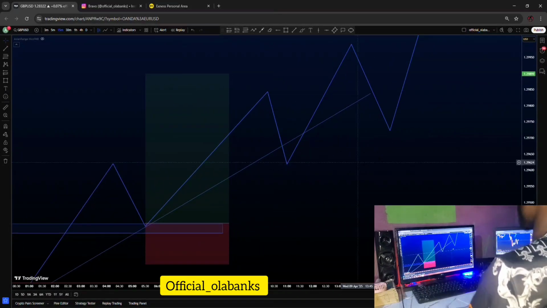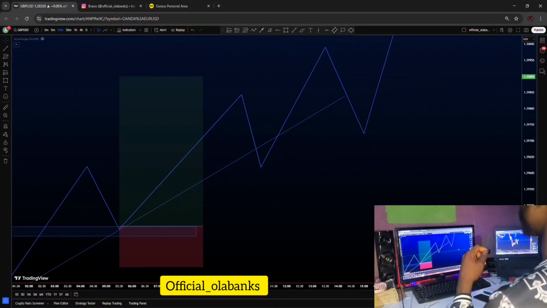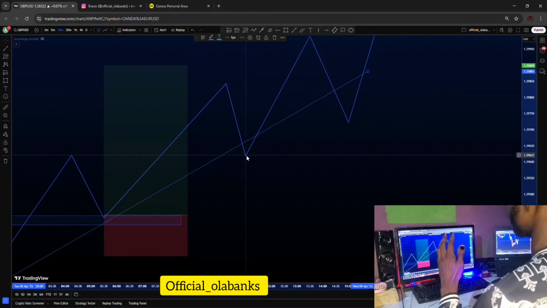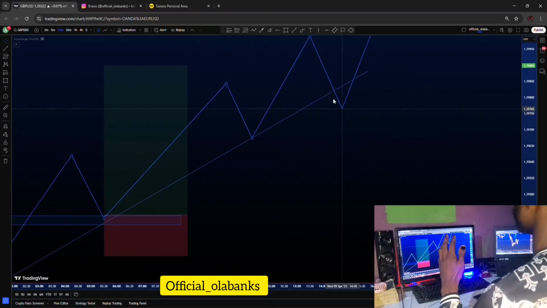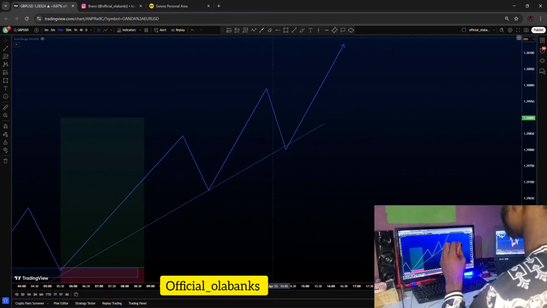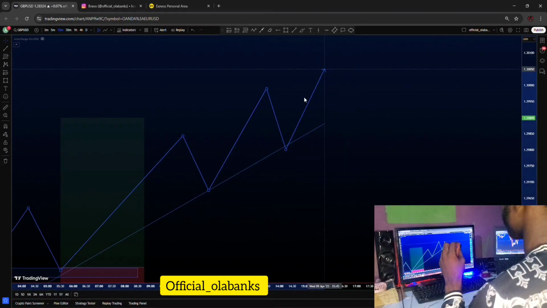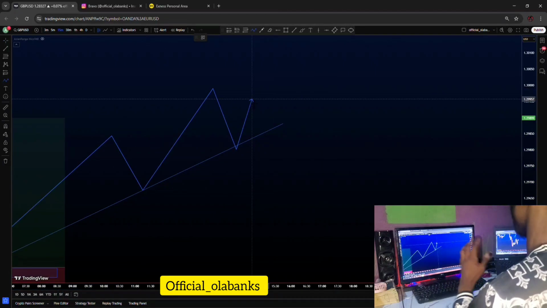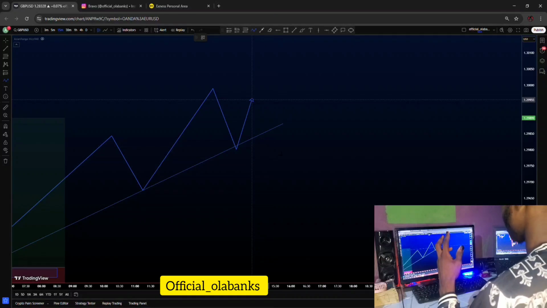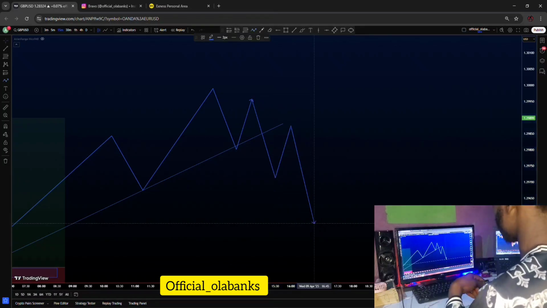One thing you must know is, whenever price comes to the body of that trend line, you want to be looking to buy. The only time you want to stop buying is when price invalidates that trend line, breaks that trend line, and is now testing it from below, behind the trend line.